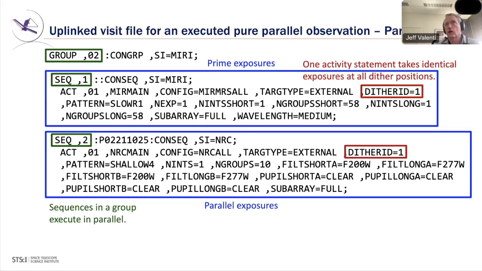This is why the system is not set up to change the configuration of the parallel instrument in the middle of the dither pattern of the prime. So this is one prime configuration, which has 4 pure parallel slots, but all in the same configuration. You can't do 2 different filters, 2 dither positions with one filter, 2 with another.